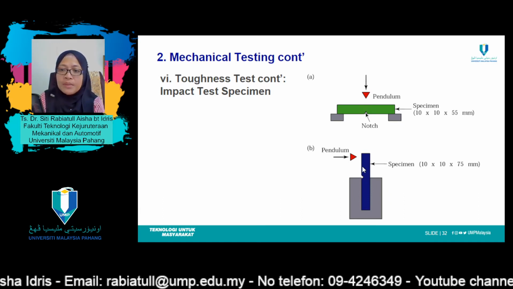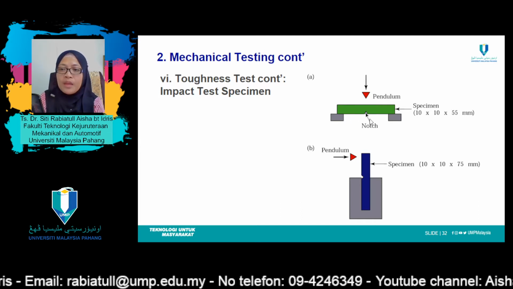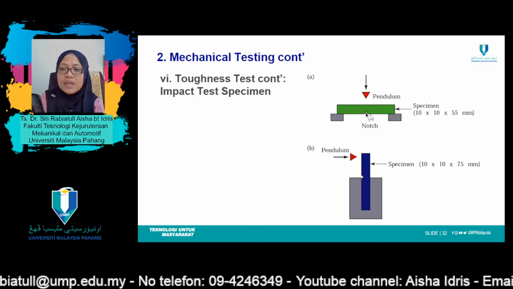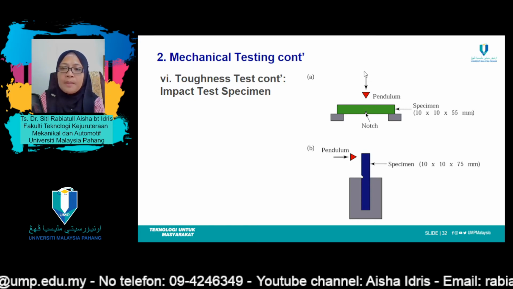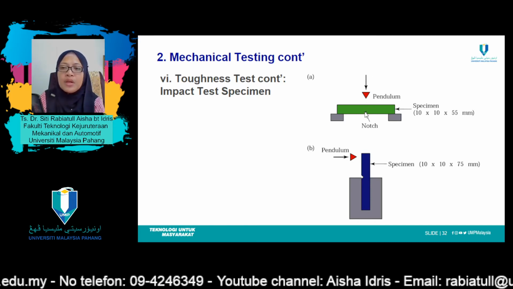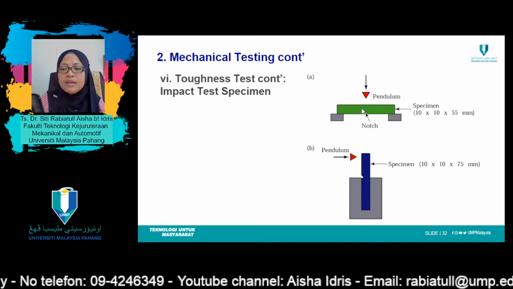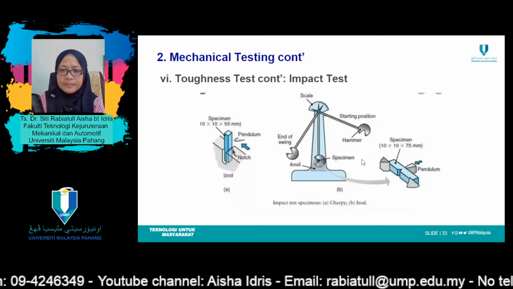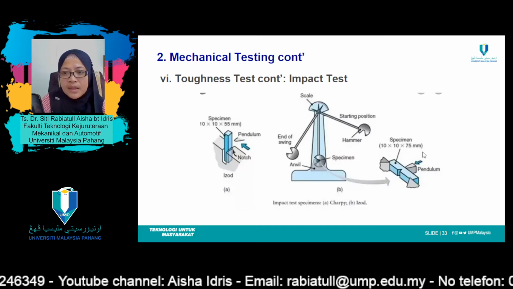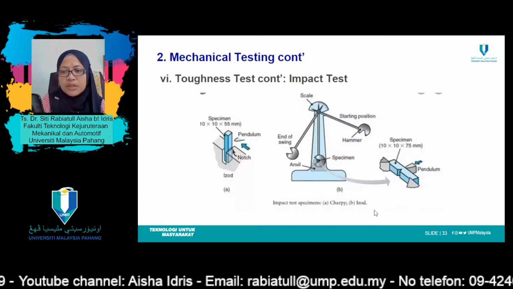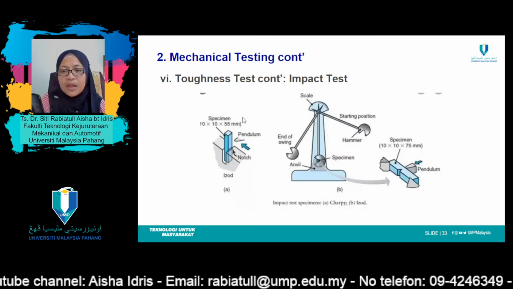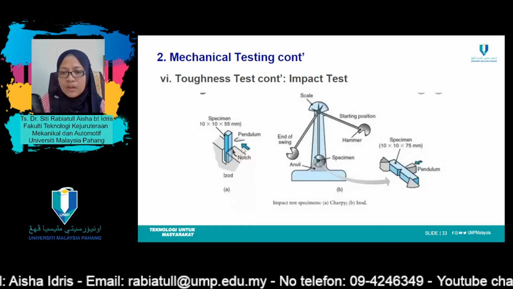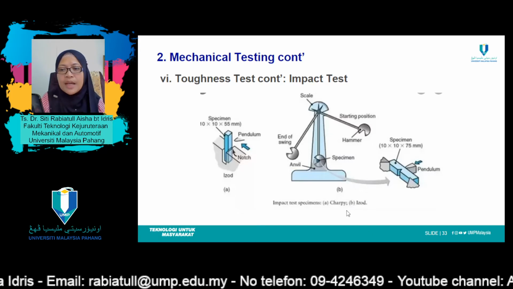This is the specimen, and then a notch is introduced into the specimen before the testing. The pendulum is released, hitting the specimen until failure. Well, this is the illustration for both Charpy and Izod testing. This one is Izod, this one is Izod, and this one is Charpy.